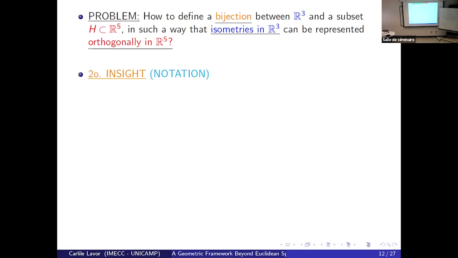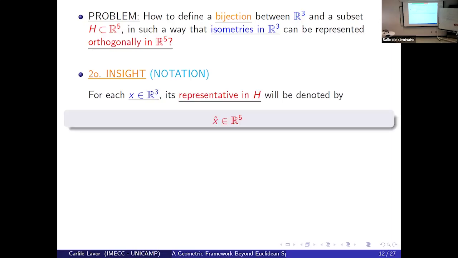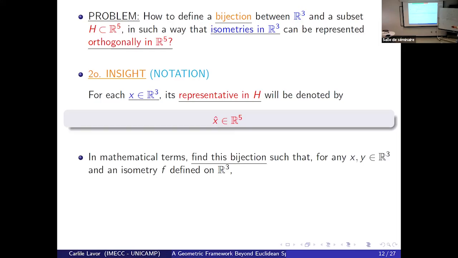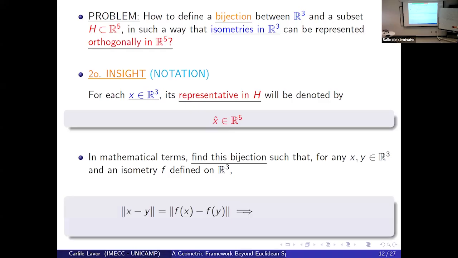The second insight is that in mathematics it is very, very important to have a good notation. And the good notation, after many attempts, is this. It looks simple, but as you know, when you give the answer, everything looks simple. So using this notation in mathematical terms, we have to solve this implication.